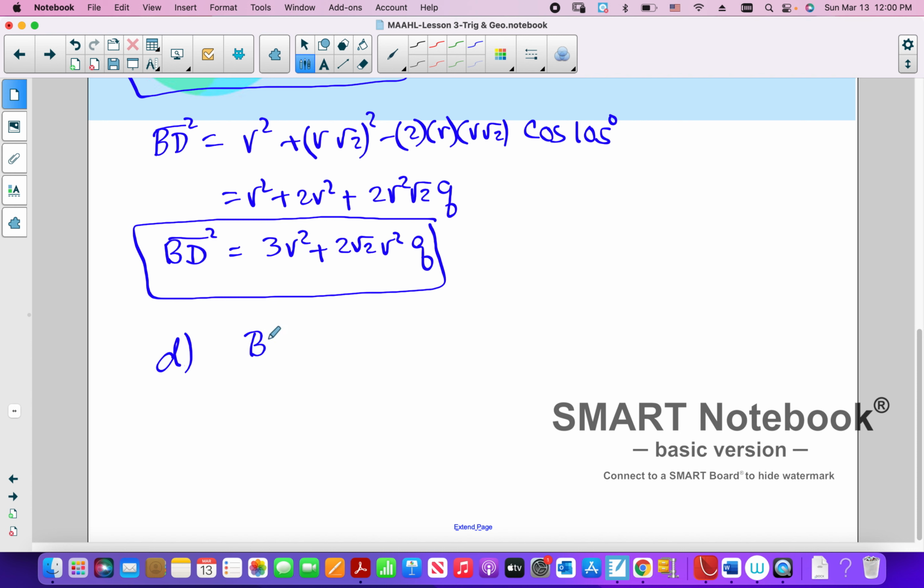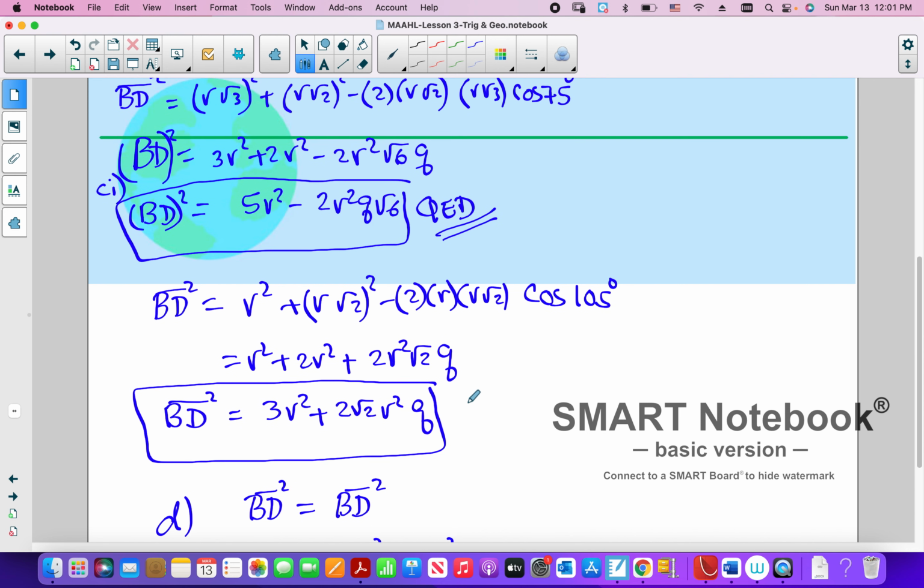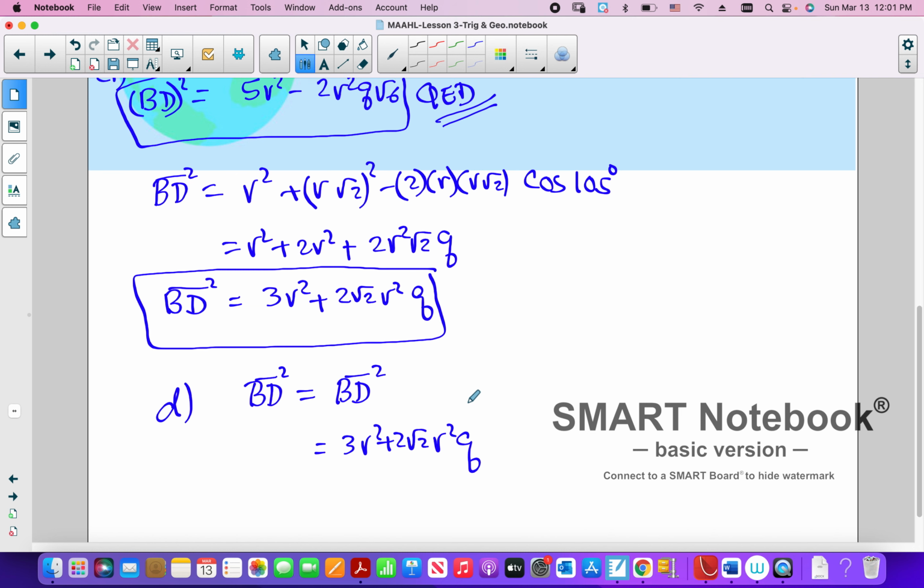So BD squared that we found in C I is the same as BD squared found in C II. So this is 3R squared plus 2 root 2 R squared cube, and the other one is 5R squared minus 2R squared cube root 6.